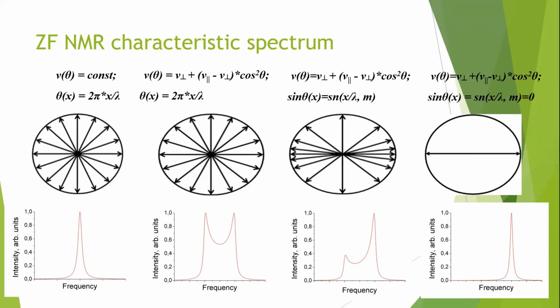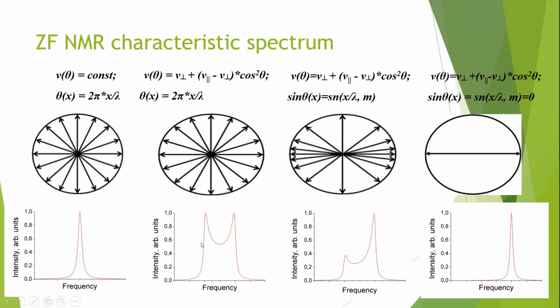The zero field NMR spectrum has a characteristic form for a cycloid spin modulated structure. If the spin modulated structure is isotropic, you have only one line. Here are the enveloped antiferromagnetic vectors of the spin-modulated structure. If you have an anisotropy of the vectors of the spin-modulated structure, you have this specific two-horn line.